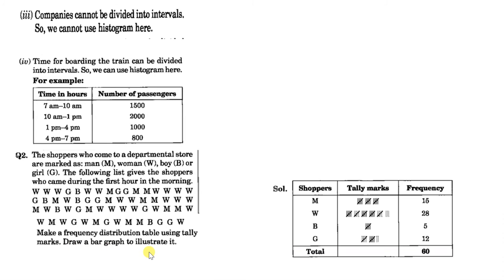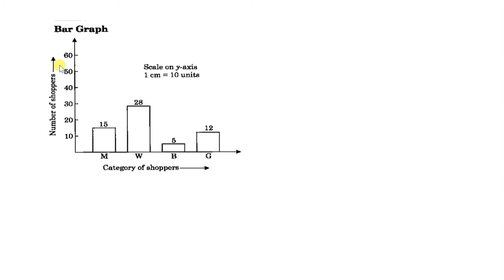So we will draw two lines. One is horizontal and the other is vertical.